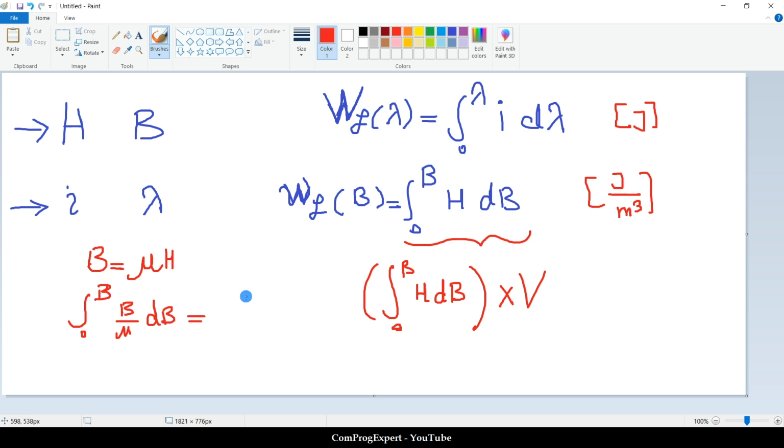So this integral is B to the power 2 over 2 mu. This is the stored energy in a magnetic material with linear permeability. In the case of a nonlinear material, we need the BH curve and calculate this integral numerically.